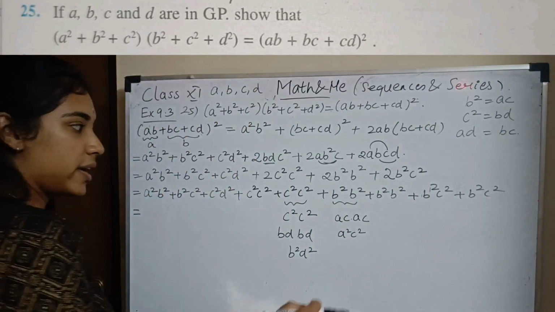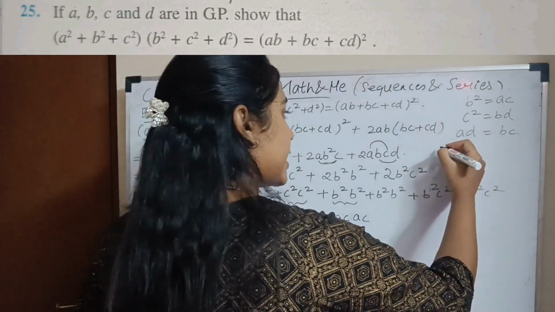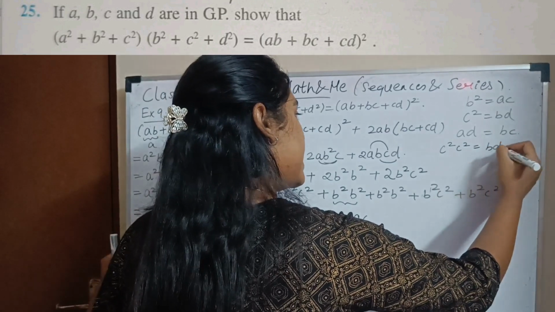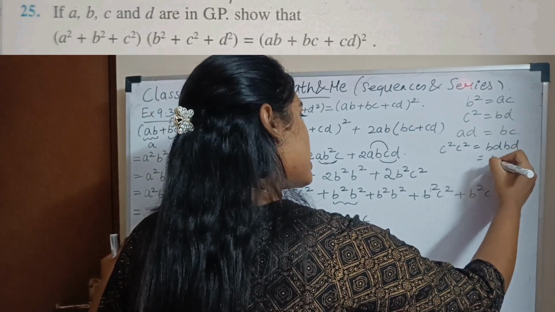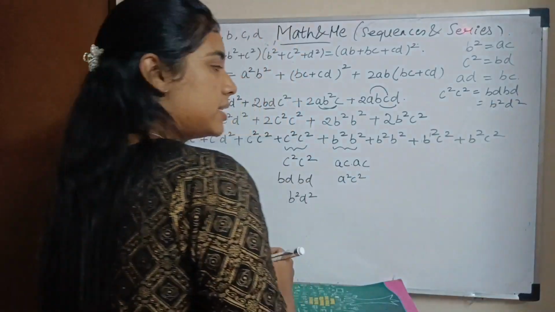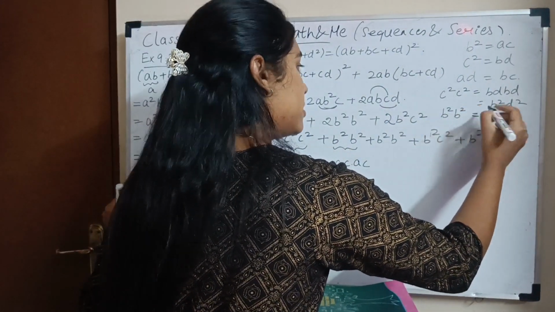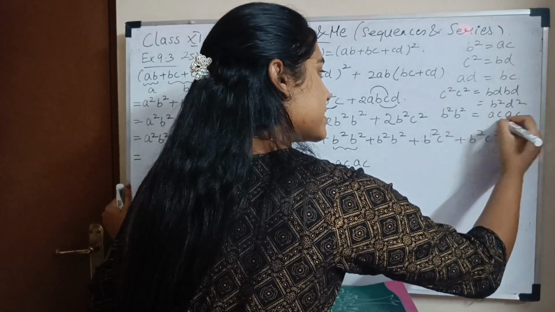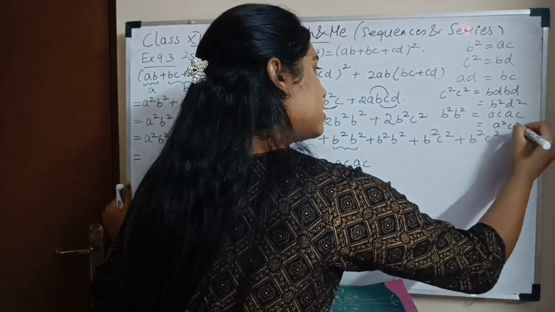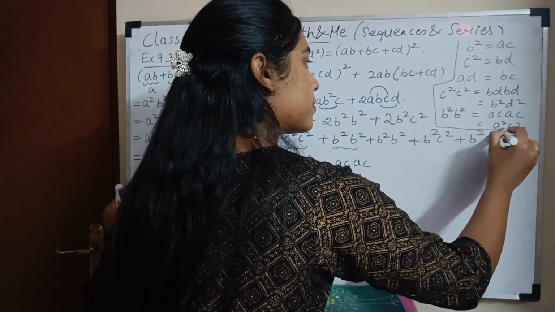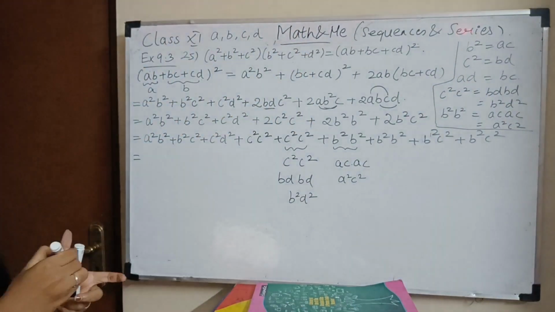Okay? So I write this down over here. I have C square equals BD times BD, which is B square D square. Similarly, my B square is AC times AC, which is A square C square. Okay?